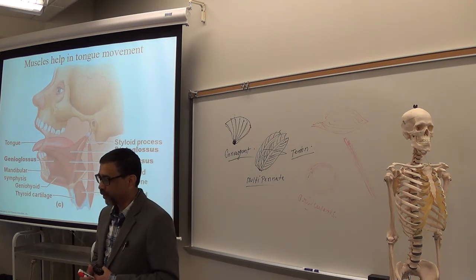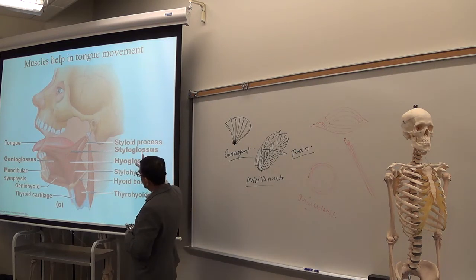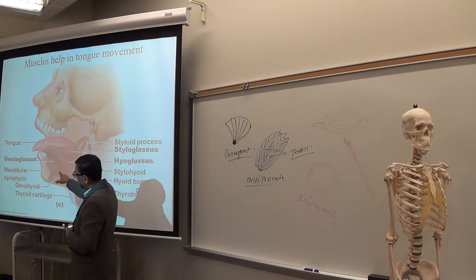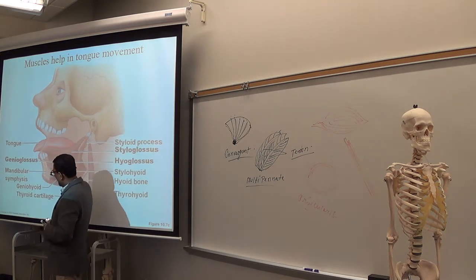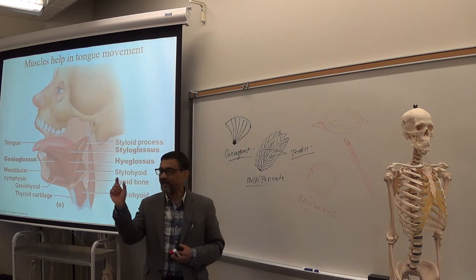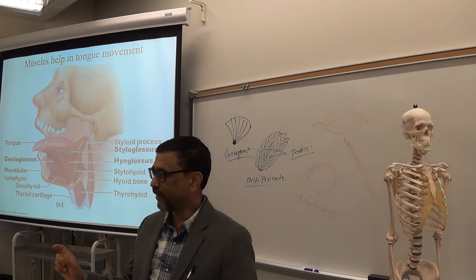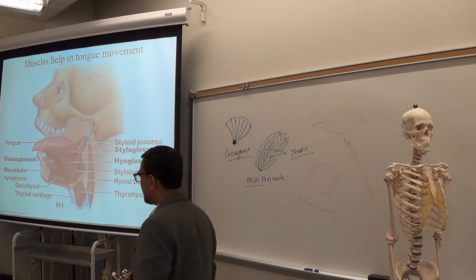Like styloglossus, hyoglossus, genioglossus. So, if you see the muscle ends with glossus, that is a muscle for the movement of the tongue.